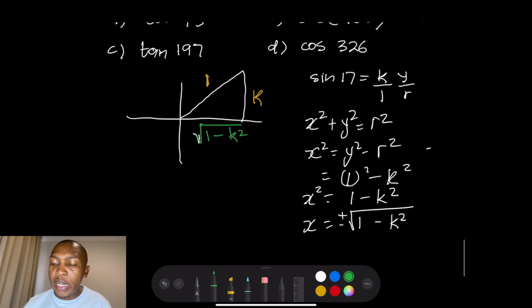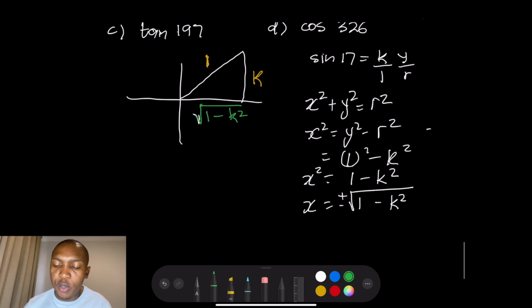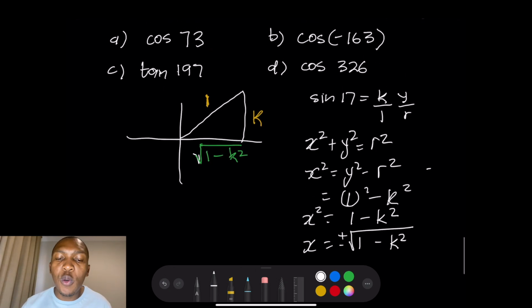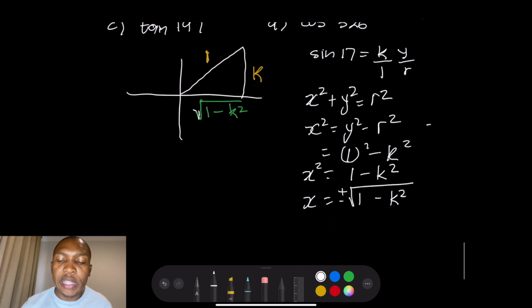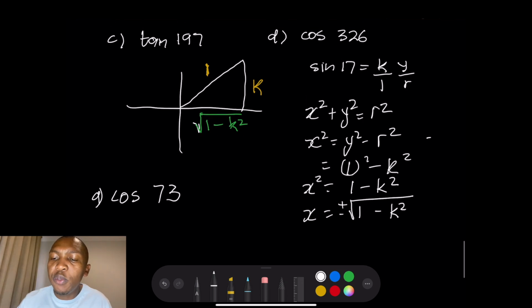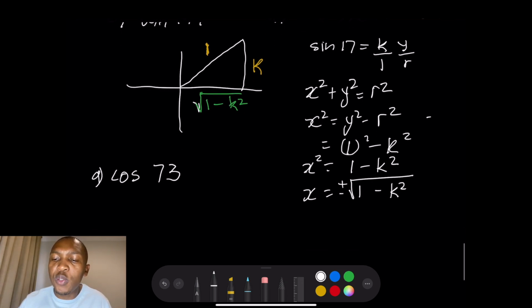I was very deliberate about picking this one because it requires us to go back into our reduction formulae as well. So cos of 73. Let's express cos of 73. Now, you might be wondering, we're dealing with 17, but what is cos of 73 doing there?